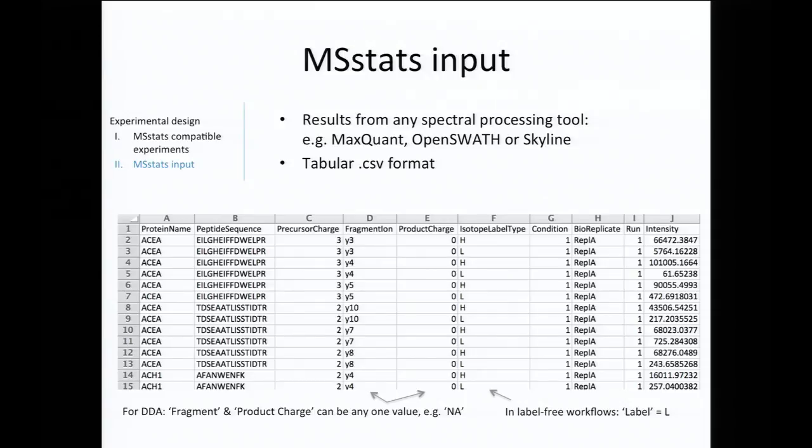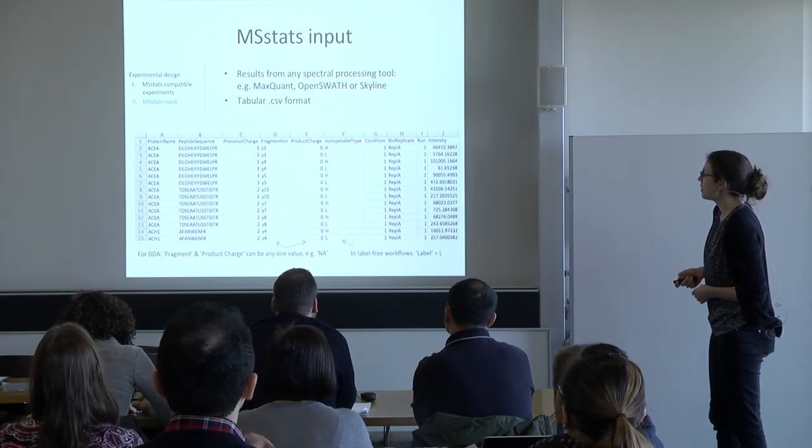Then what you should get for MSstats is a tabular CSV format, which includes the following information. Here is an example head of a file that can be read by MSstats. What you need is the protein name, the peptide sequence, and the precursor charge. And in cases where it's available, you should provide the fragment ion and the product charge. In DDA datasets, you usually don't have this information, so you can just set these to NA.